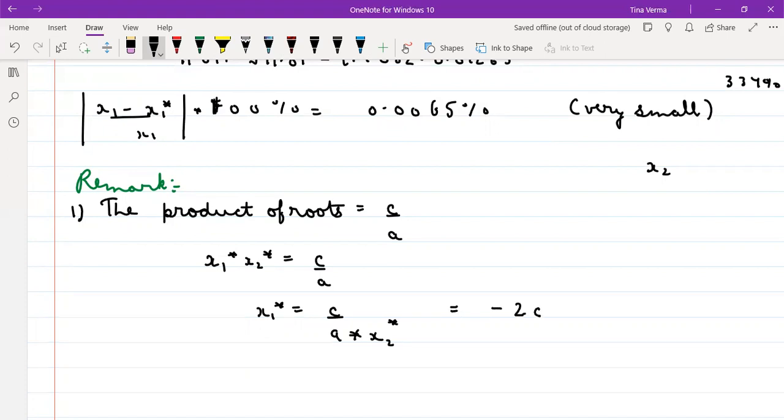This will be your minus 2c b plus b square minus 4ac, that we have already calculated.